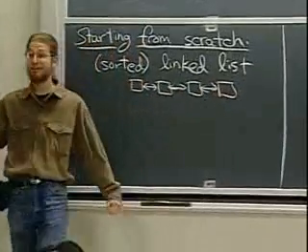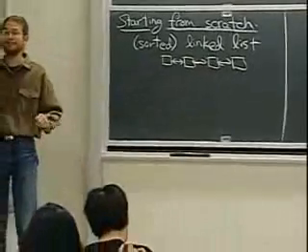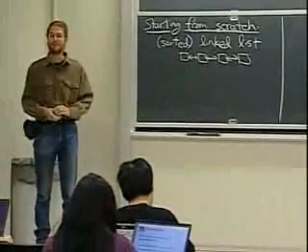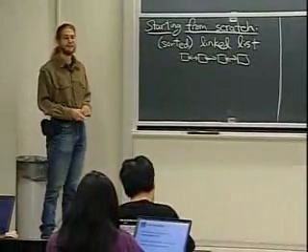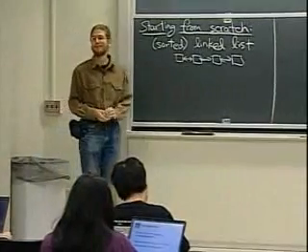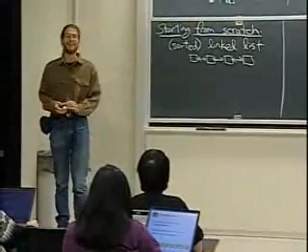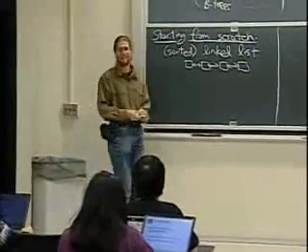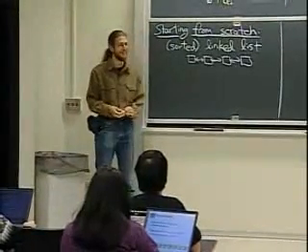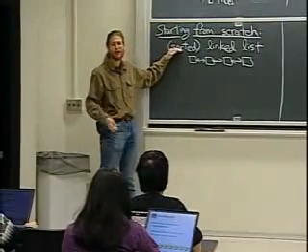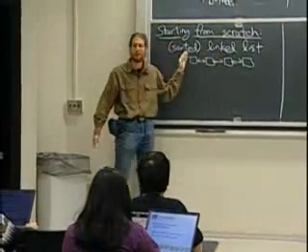How long does it take to search in a sorted linked list? Log n is one answer. N is the other answer. Which one's right? N is the right answer. So even though it's sorted, we can't do binary search because we don't have random access into a linked list.